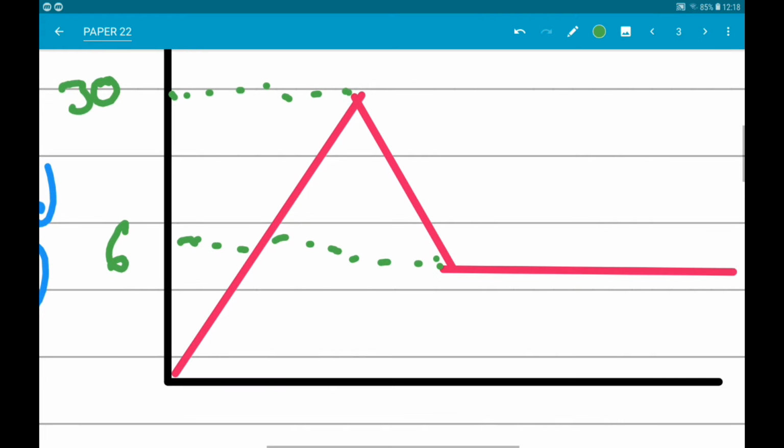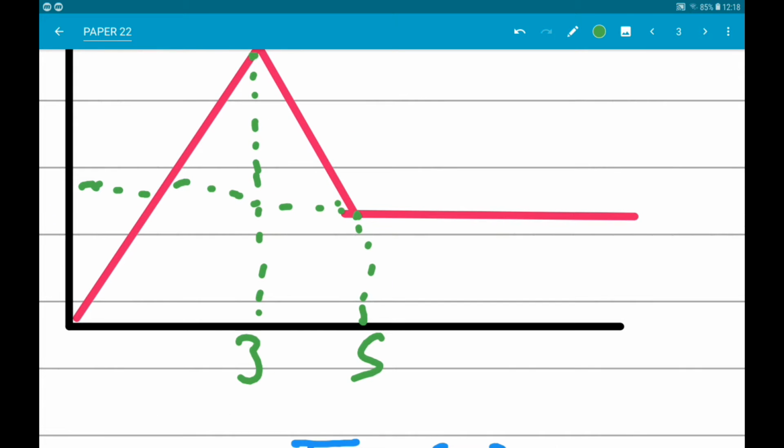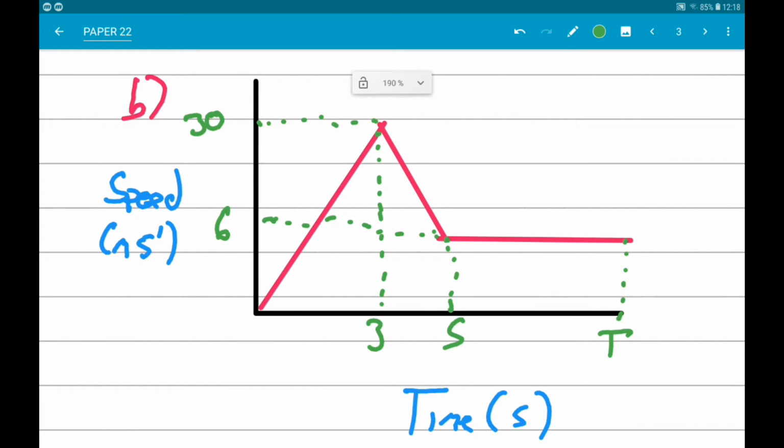Now, this time was 3 seconds. This one was 5. And then she reaches the ground at t seconds. So, there it is.